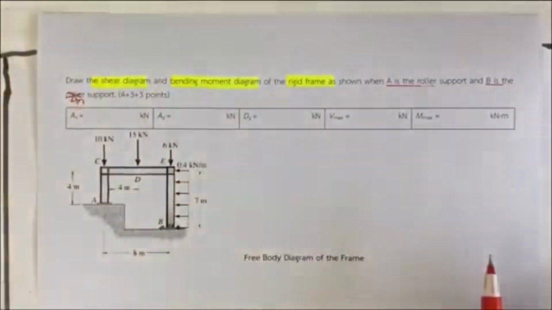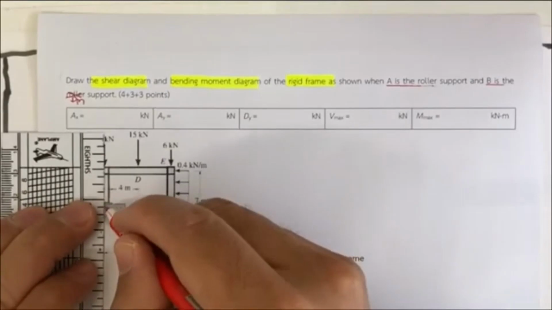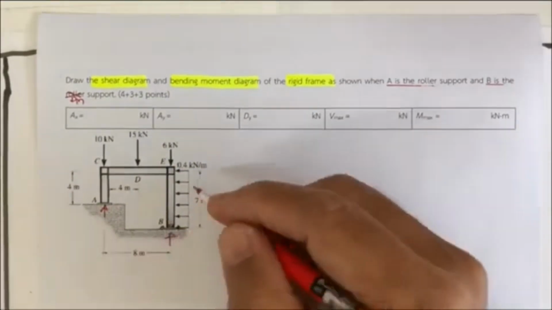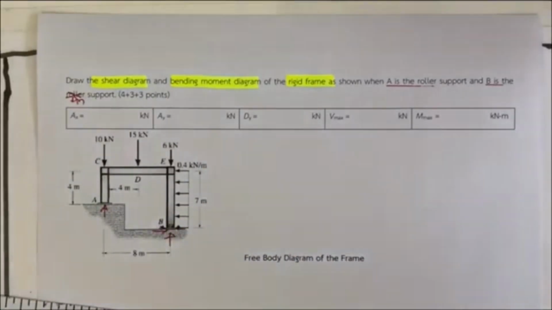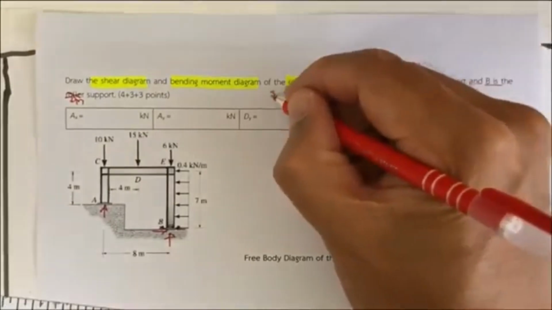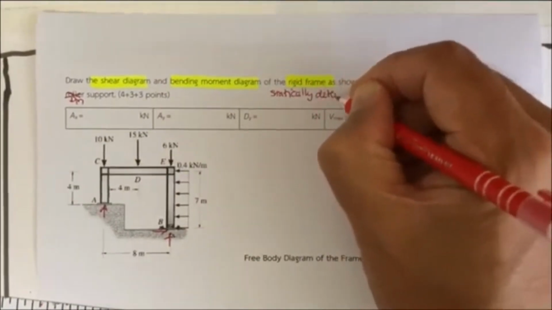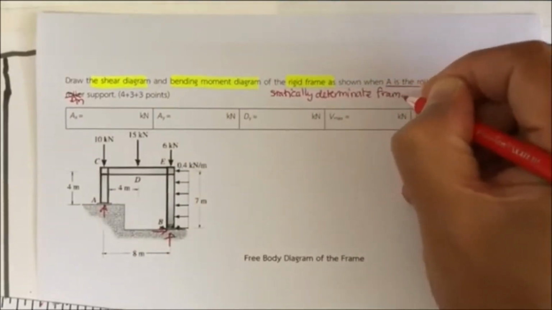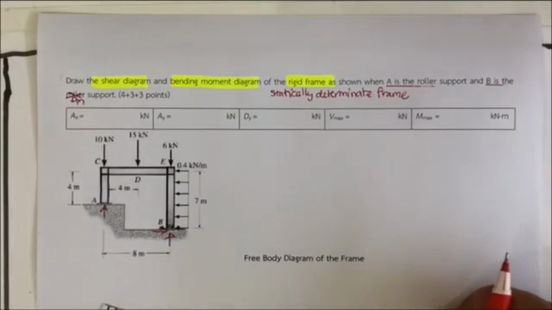The pin support. And when it has the roller here and the pin here, we're going to have only T and no force. So this rigid frame is a statically determinate frame. It can be analyzed by only the equations of equilibrium after we draw the free body diagram of this structure.